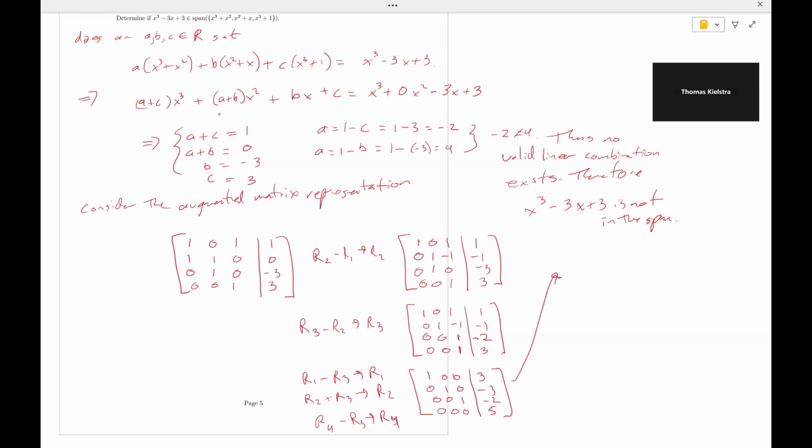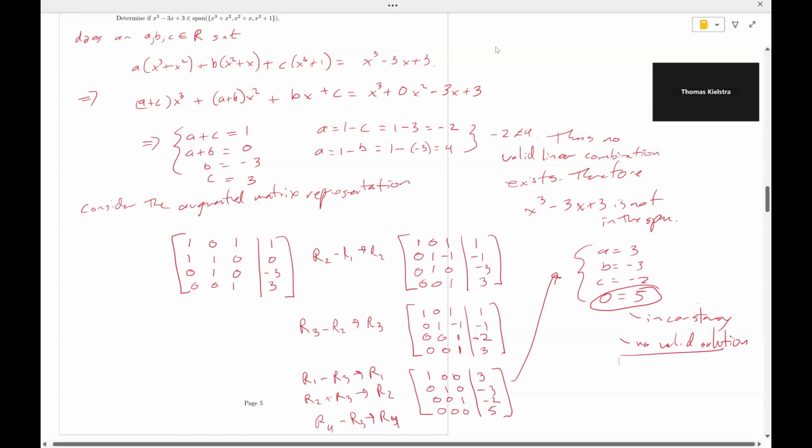Well, this gives us the system A equals 3, B equals minus 3, C equals minus 2, and 0 equals 5. And this is our inconsistency. This gives us no valid solution. Because there's no valid solution, we have an inconsistent system, so we're not in the span.